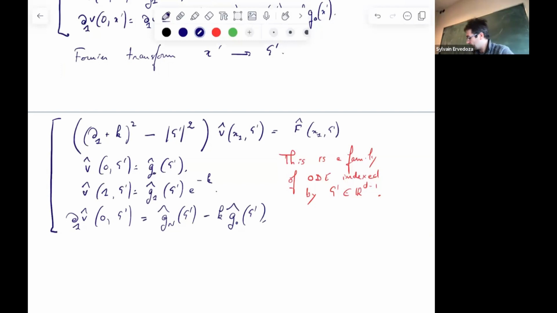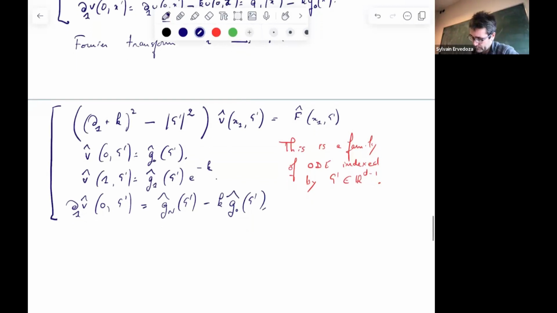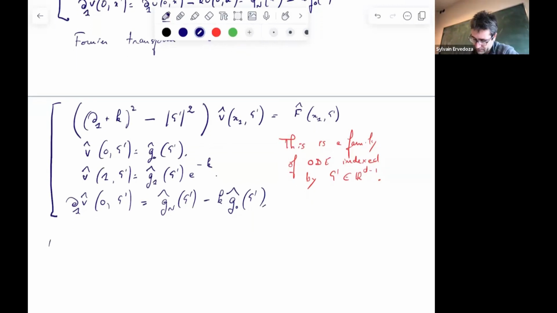Okay, so let me give you the result we'd like to prove, and then I will try to prove it in a few steps. So the result, it's a theorem. For simplicity, I will do that with g0 hat equal to 0 and g1 hat equal to 0.